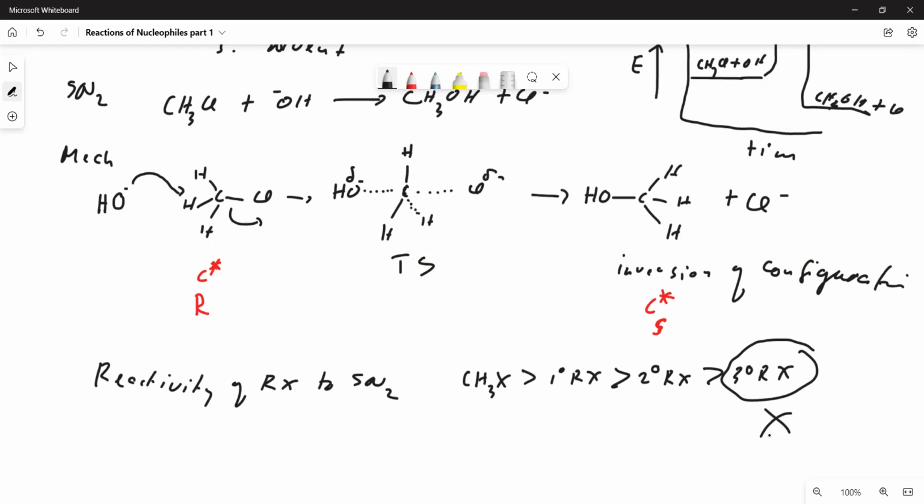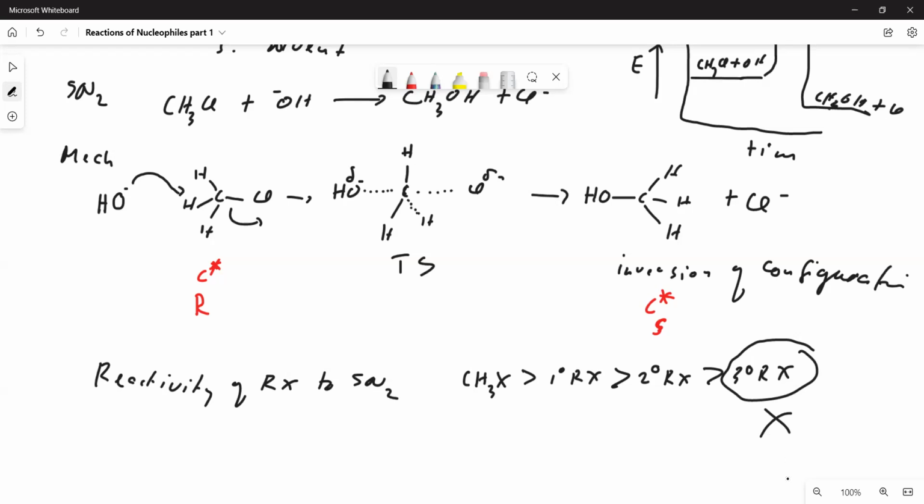So SN2 is usually observed in methyl halide, primary and secondary alkyl halide, as well as in primary allyl and primary benzyl, which we have shown a while ago. So that is in terms of the reactivity of alkyl halide to SN2.